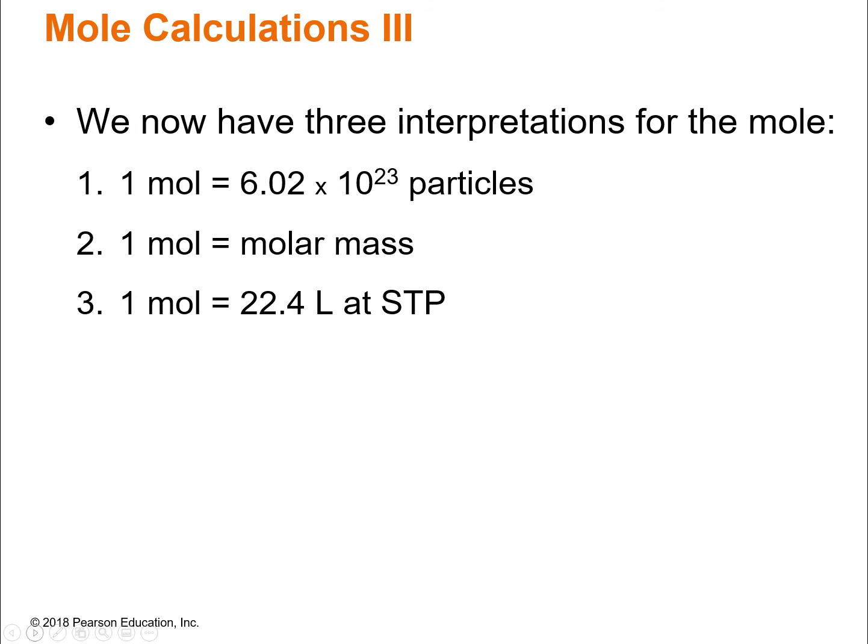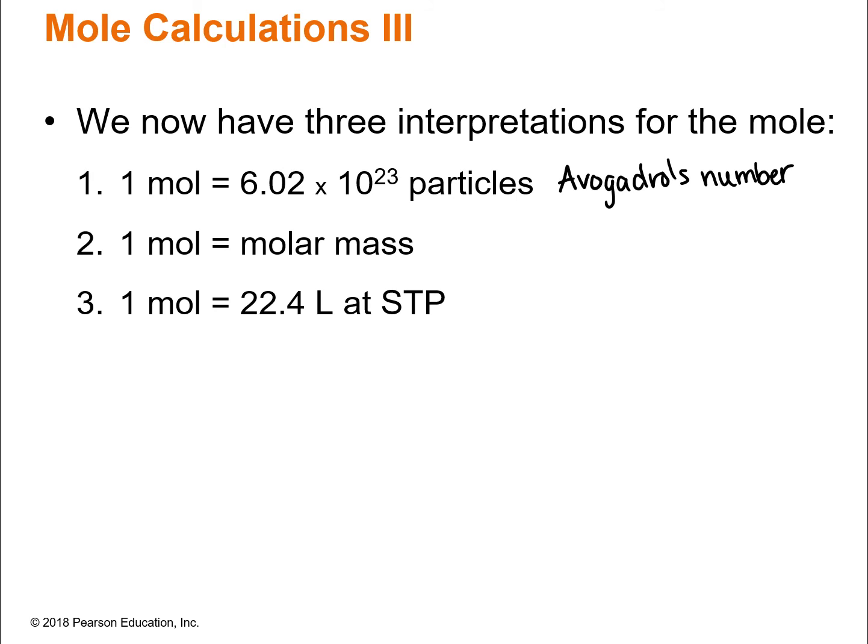Now we've got 3 different ways that we can talk about a mole. 1 mole is equal to 6.02 times 10 to the 23rd particles, and that's using Avogadro's number. 1 mole is equal to the molar mass of a substance in grams.